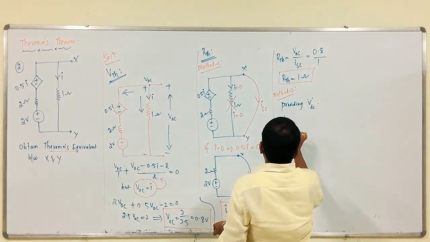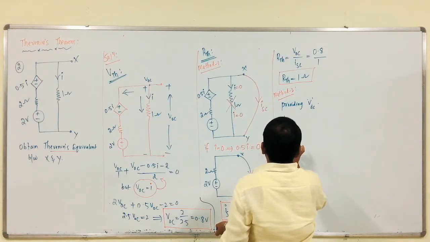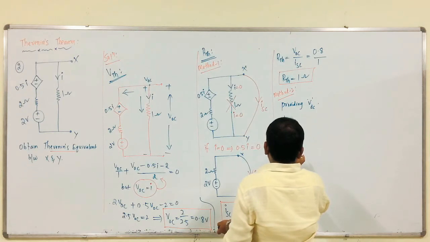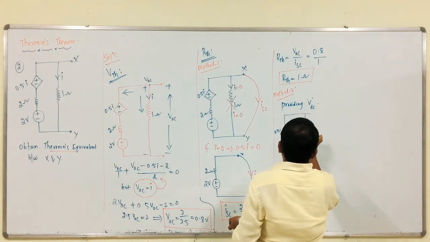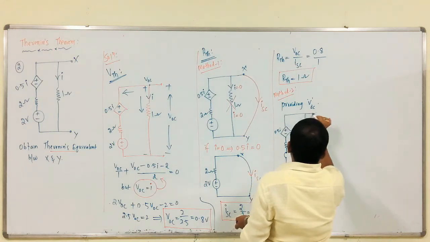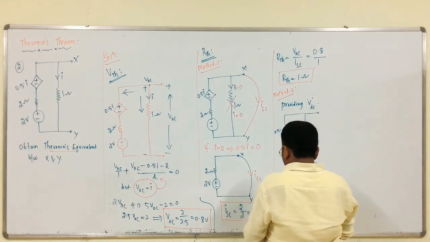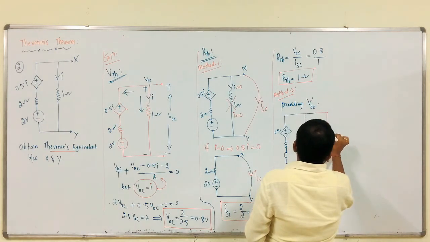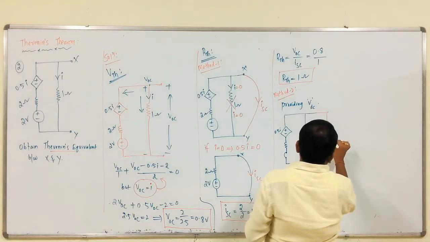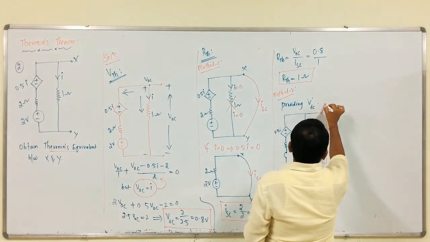Therefore, plus minus 0.5 I, 2 ohm, and that is short. This is VDC. Because of this, we have IDC.